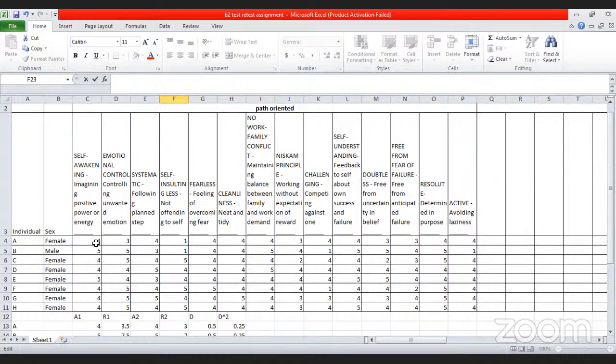So I will add all those values for individual A. For individual B, I will add all of those values for the path oriented.